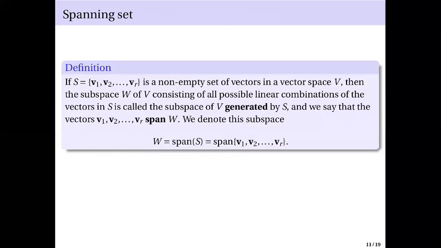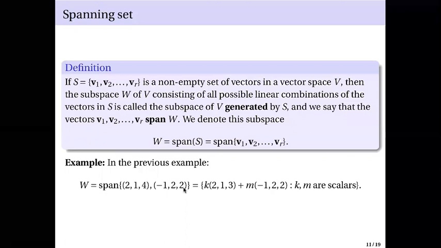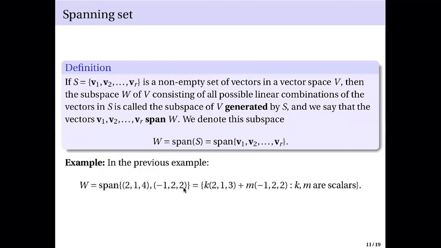So for example, in the previous example, W can be written as the span of the vectors (2, 1, 4) and (-1, 2, 2). Again, this should be 4. That span can be written this way: k times (2, 1, 4) plus m times (-1, 2, 2), where k and m are scalars. So the spanning set.